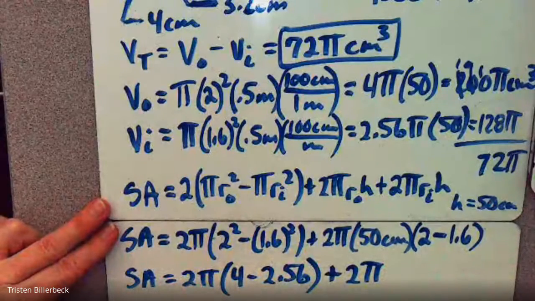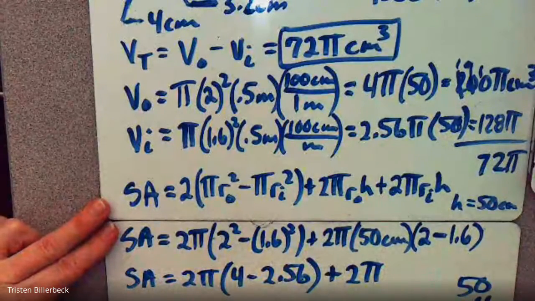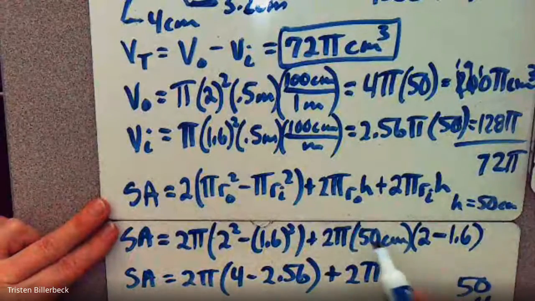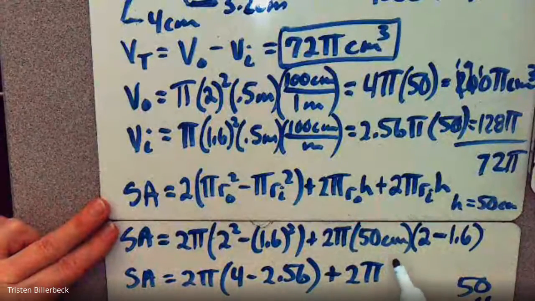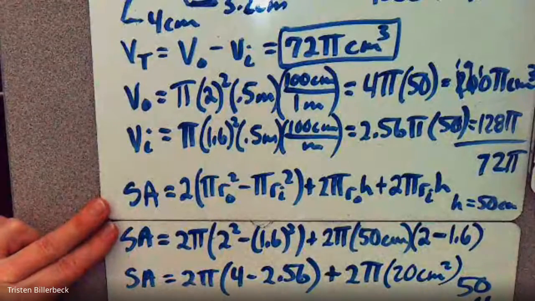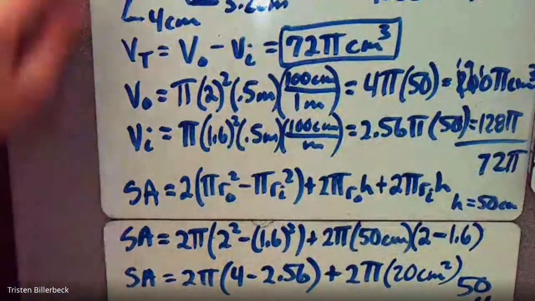So let's see what 0.4 times 50 is going to be. So that's 0, 20, boom. So 0.4 of 50 is just 20. So 4, 20, and you move the decimal one spot. So that is what that becomes. So times 20 centimeters squared.